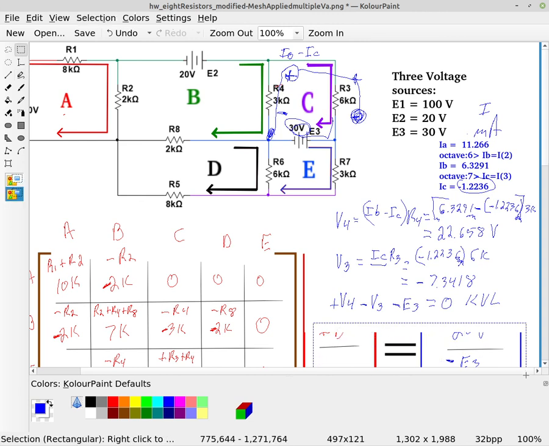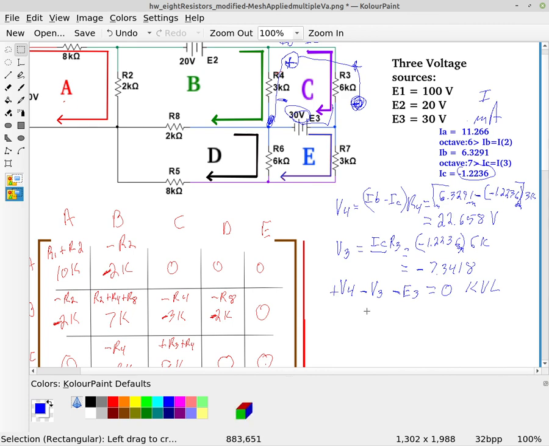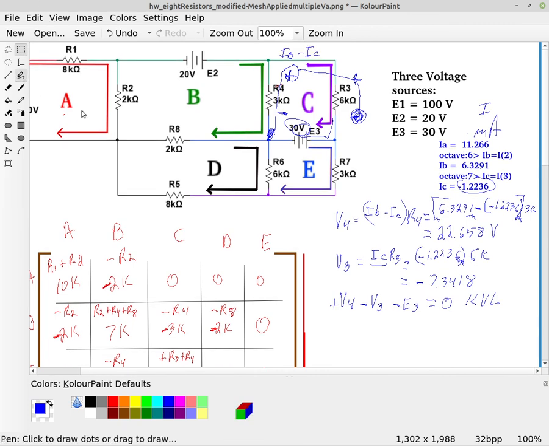So if we add these values up, we get 22.658 minus, because I've defined it as the positive on top, but remember that it actually turned out to be a negative over here, so it's a minus 7.3418, minus E3, which was 30, and that all must equal 0.